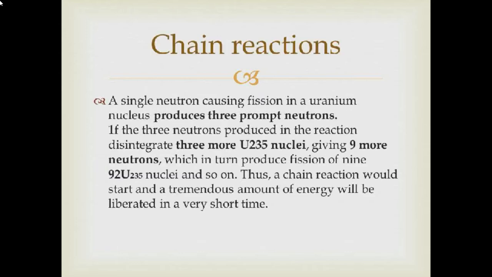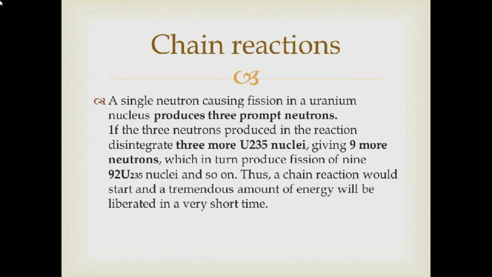A single neutron causing fission in a uranium nucleus produces three prompt neutrons. As we already saw, when one neutron bombards uranium, it gives out product nuclei such as barium and krypton, along with three neutrons.